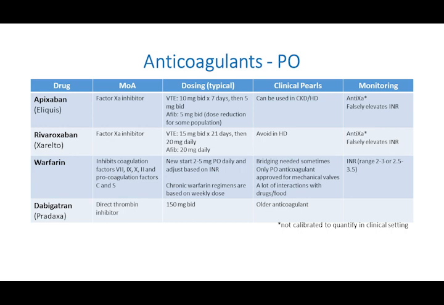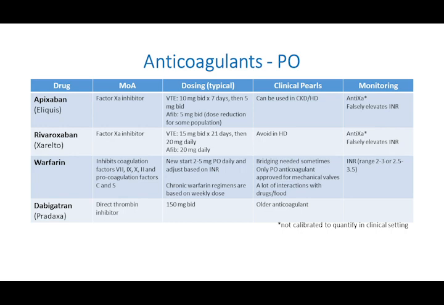Warfarin, like we mentioned before, in the coagulation cascade, inhibits a lot of different coagulation factors, including protein C and S. For a new patient on warfarin, we usually start them on about 2.5 to 5 milligrams PO daily, and we titrate every few days based off of INR.